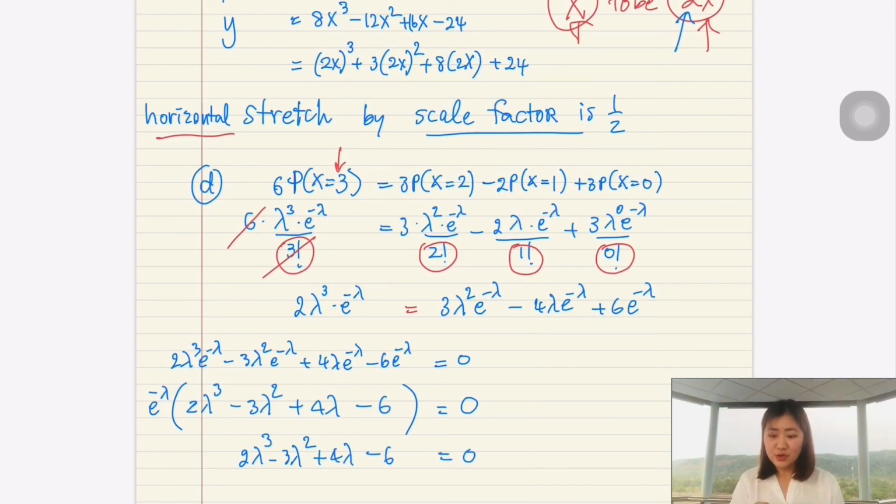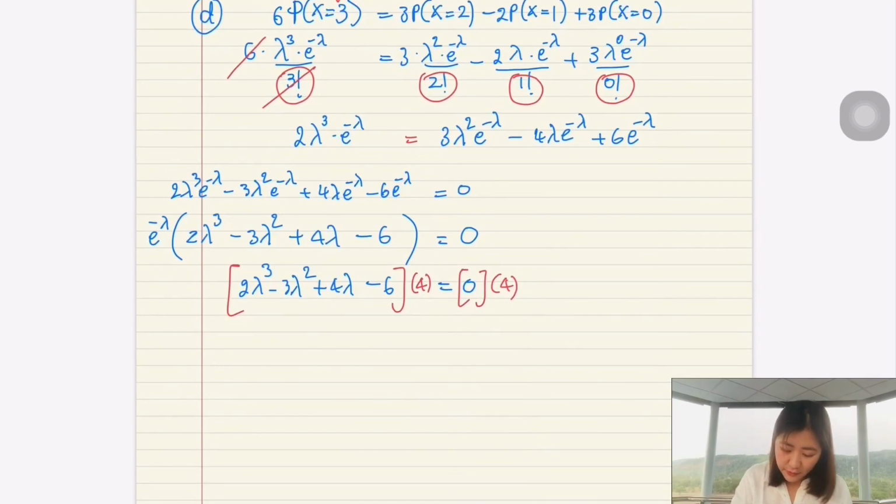And I have to use the previous information, so I times everything left and right hand side by 4. So I would get 8 lambda cubed minus 12 lambda squared plus 16 lambda minus 24 equals 0.